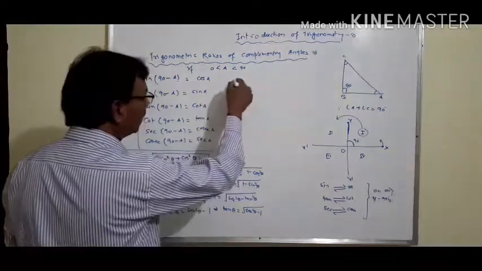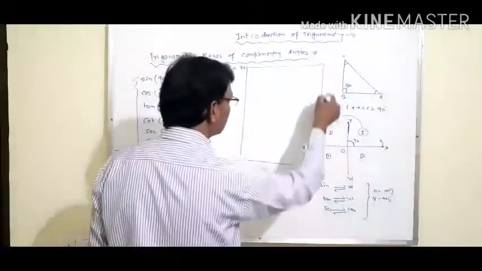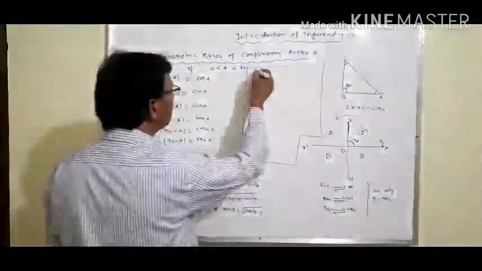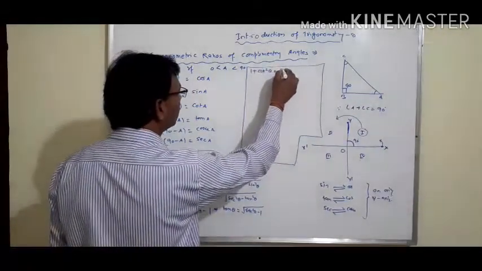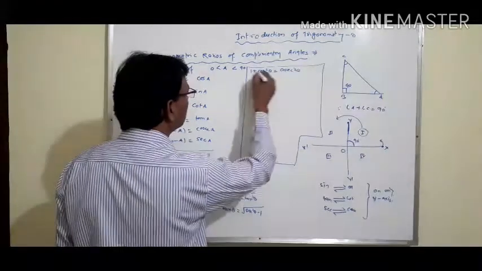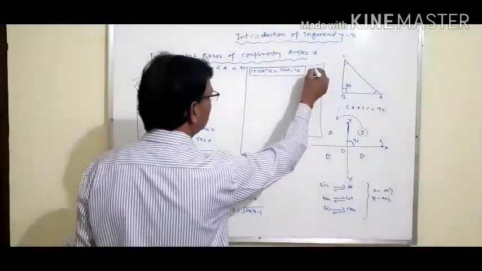And the third identity I write here. The third identity is 1 plus cot square theta equals cosec square theta. This is the original form of the third identity.